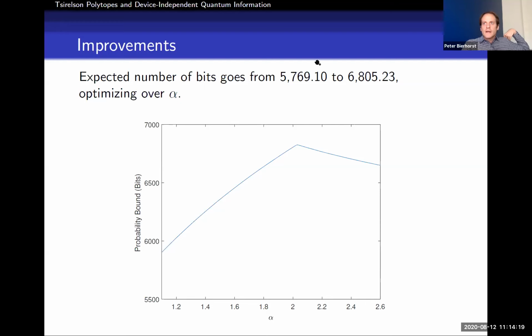By doing this better approximation, we were able to increase the expected number of random bits that we can certify in an experiment by about 18%. We were also able to optimize the amount of tilt and get a numerical optimization. It was good. We're getting more randomness.